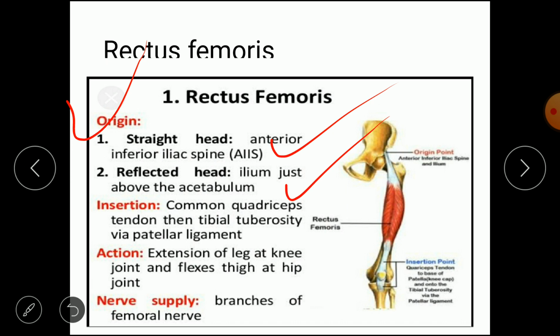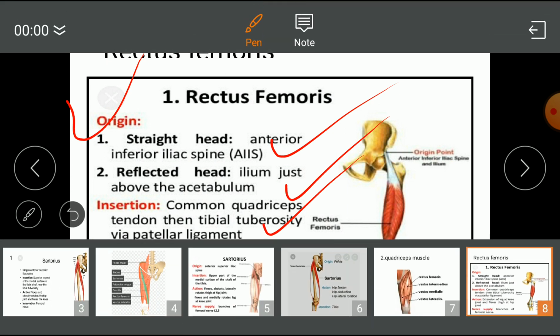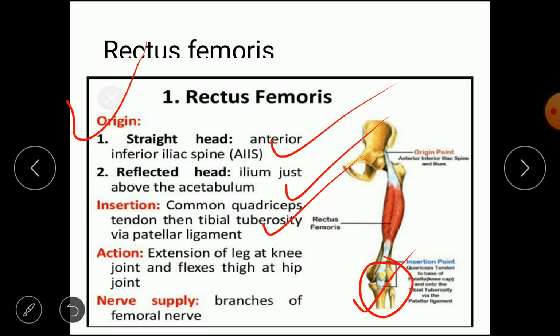If you remember only one, it's okay. Insertion is at the quadriceps tendon, then the tibial tuberosity via the patellar ligament. Here is the patella, and below is the tibia bone, so it inserts at the tibial tuberosity and the common quadriceps tendon. It is called the quadriceps tendon because all muscles are attached here.